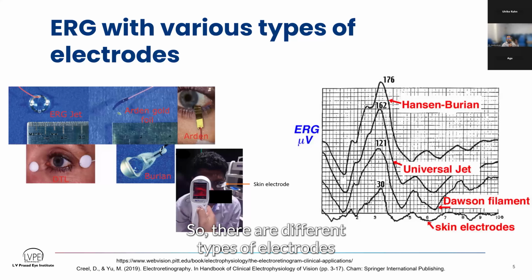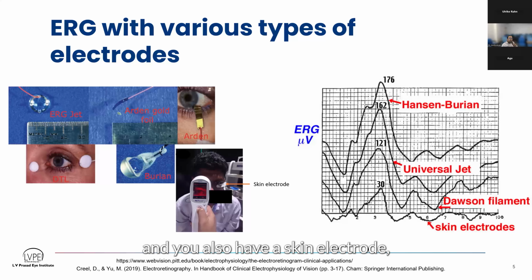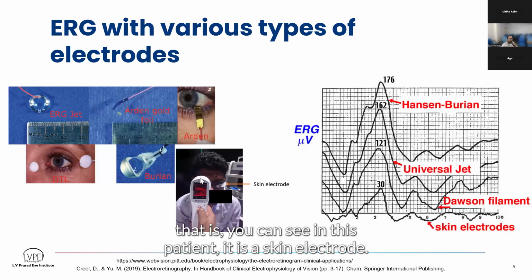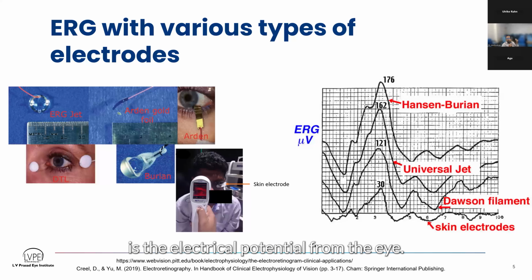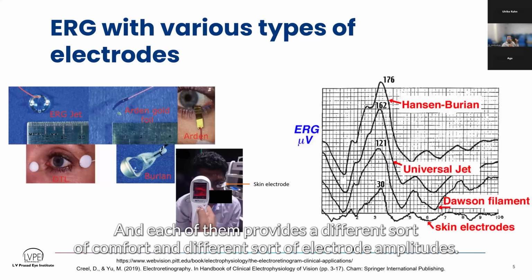You also have a skin electrode, as you can see in this patient. What these different types of electrodes allow us is to measure the electrical potential from the eye, and each of them provides a different sort of comfort and different electrode amplitudes.